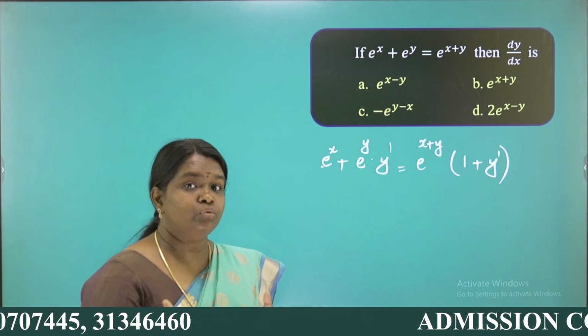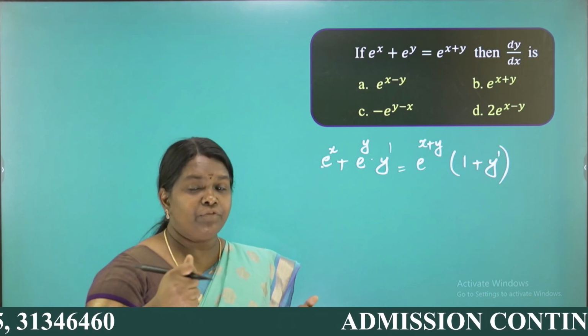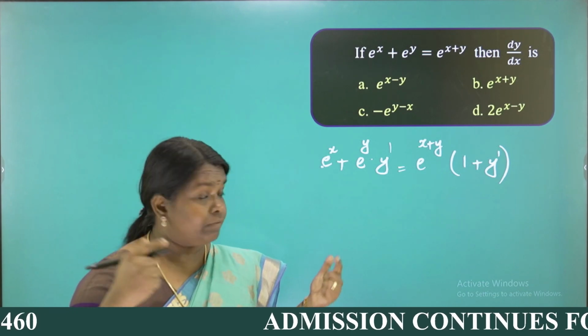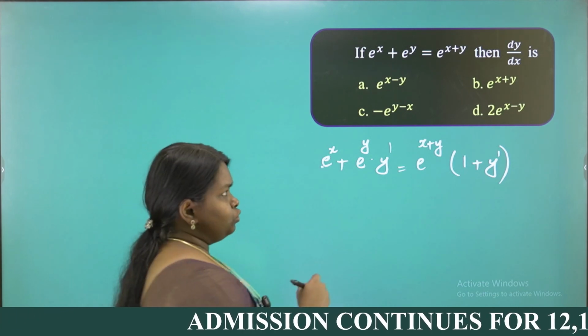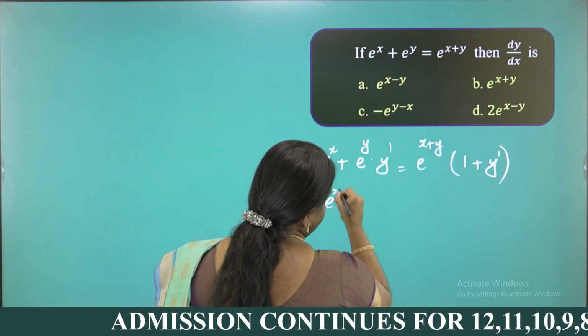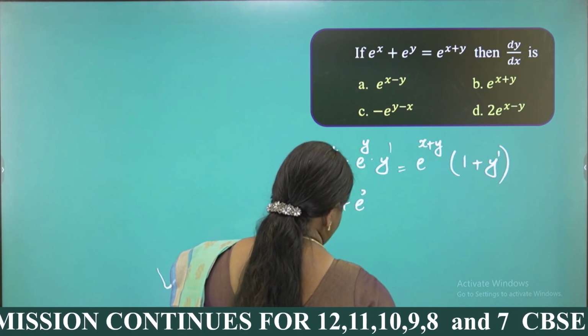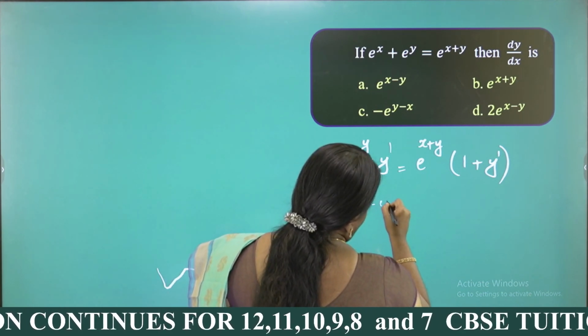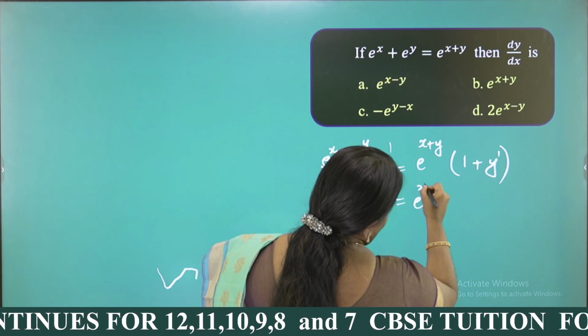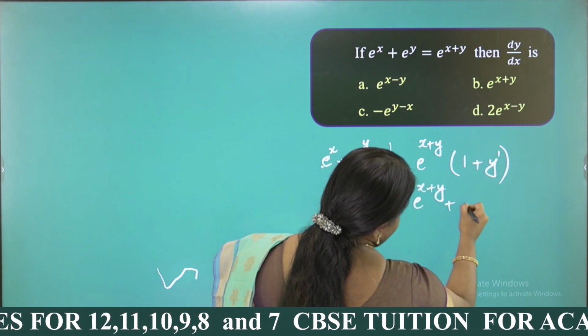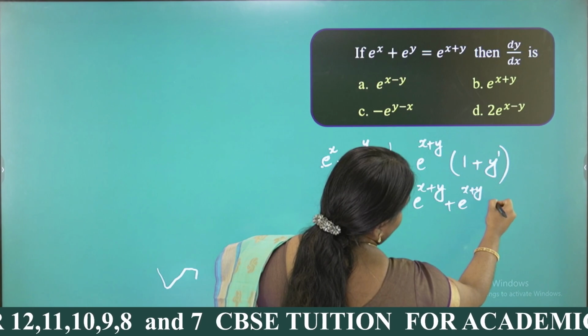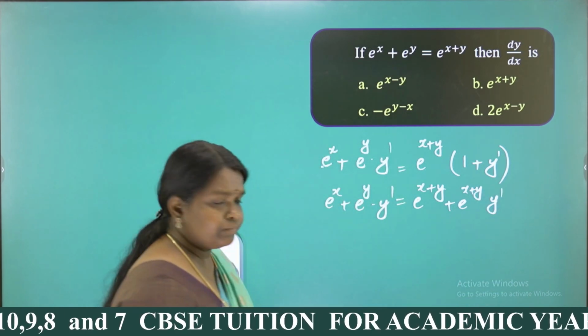Now you have to collect y dash terms. So this is e raised to x plus e raised to y into y dash equals e raised to x plus y plus e raised to x plus y into y dash. Clear?